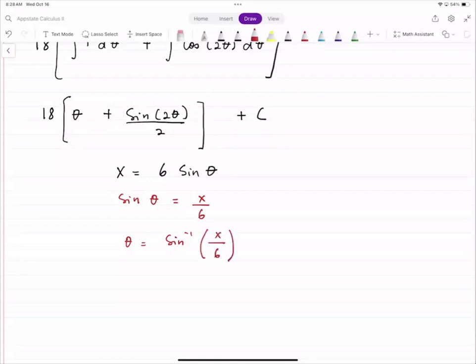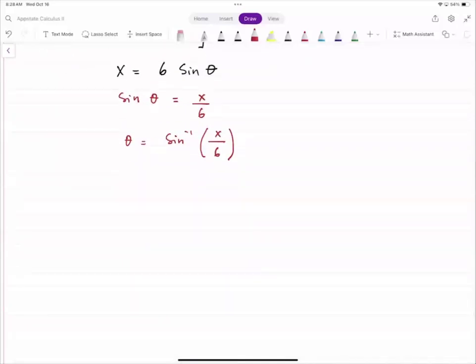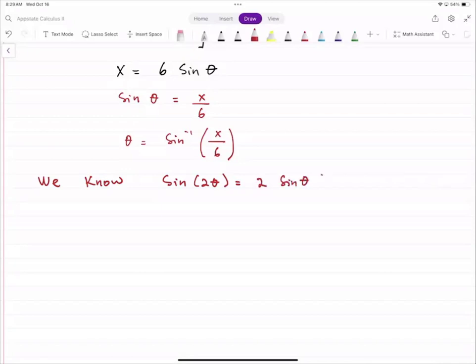Okay, we've been able to fix this guy. How about this guy too? How do we go about that? So remember that we know that sine 2 theta is the same thing as what? 2 sine theta cos theta.